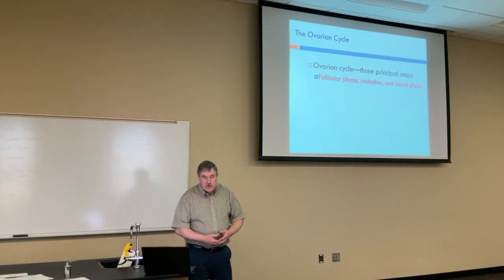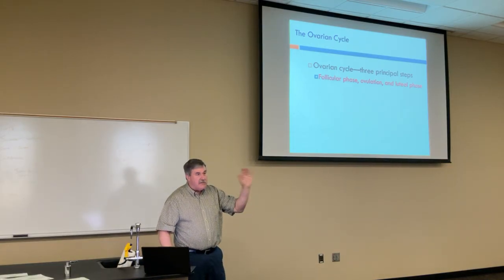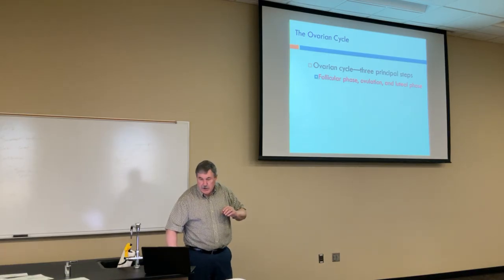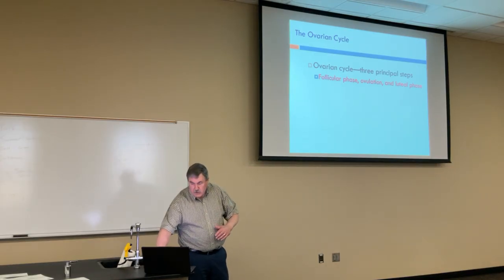And so there are 3 main parts of the ovarian cycle. The first half is the follicular phase, when the follicles are stimulated to develop, or a new cohort of follicles are developing. At the midpoint of the cycle, you have ovulation, and then about the last 2 weeks are the luteal phase.